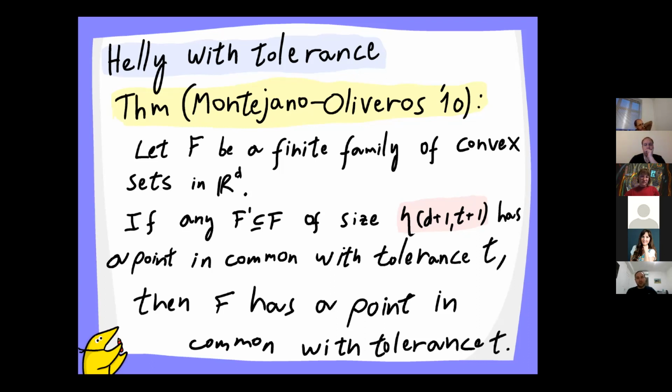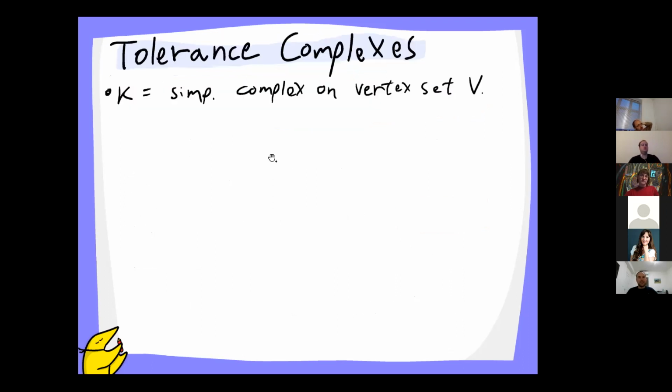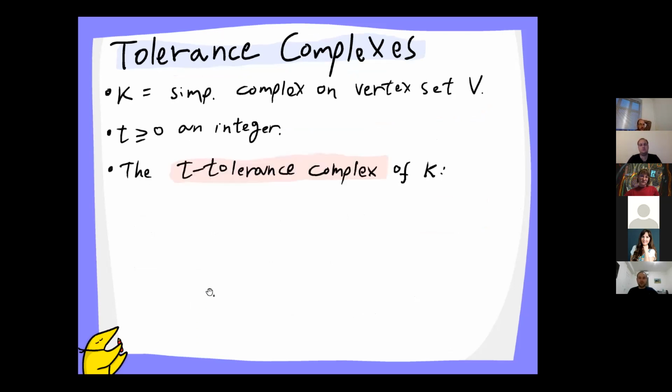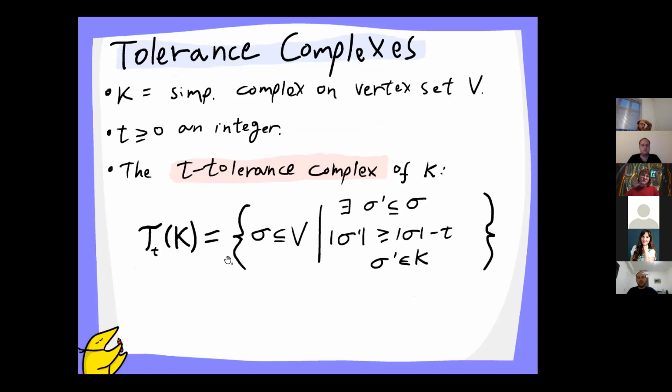Okay, so now I want to translate this result to the language of simplicial complexes, just like we did with Helly's theorem. In order to do that, we need to introduce the notion of the tolerance complexes. So again, K is a simplicial complex, and we choose t an integer. The t tolerance complex of K is the following simplicial complex.